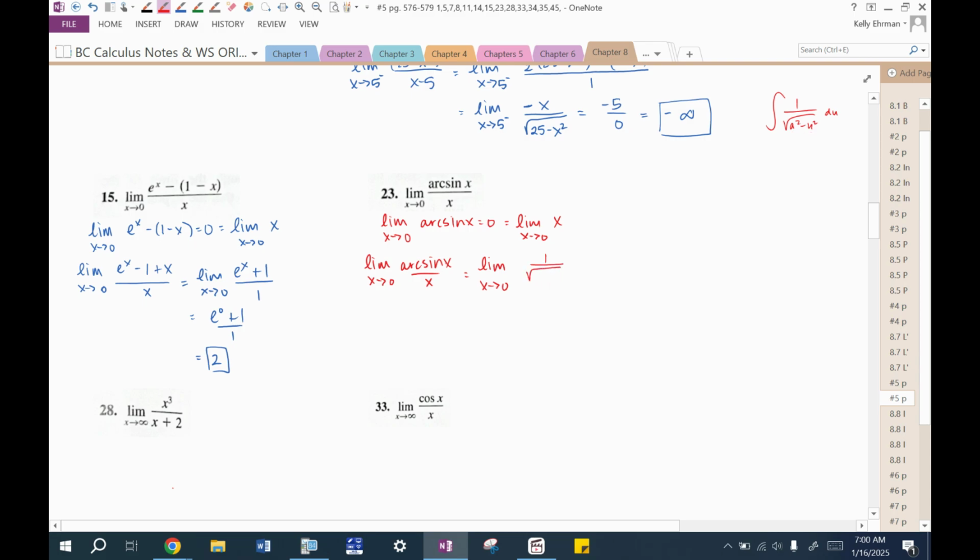So a is just 1 because this is the arc sine of x over 1. So 1 minus x squared. And then the derivative of x is just 1. So if I plug 0 back into this, I get 1 over square root of 1 minus 0. So that's equal to 1.